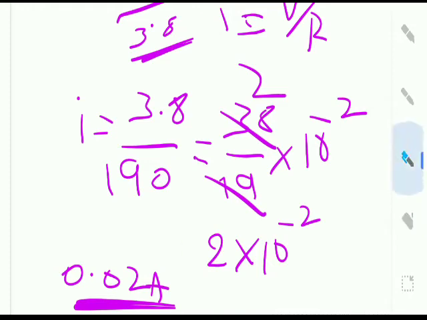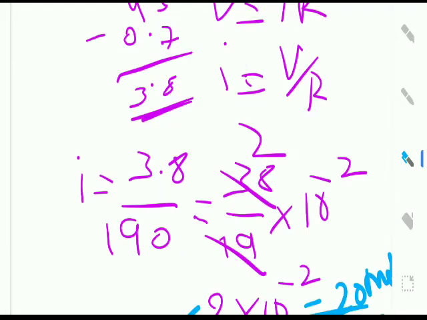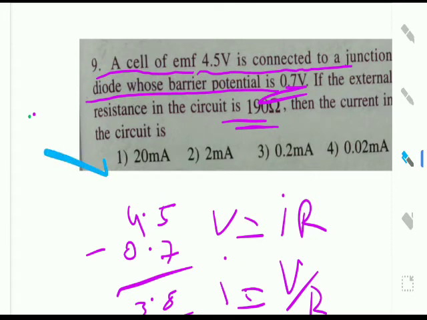So this is in amps. Convert this into milliamps: 0.02 into 1000, we get 20 milliamps. 20 milliamps is our right answer. Option 1 is the correct answer.